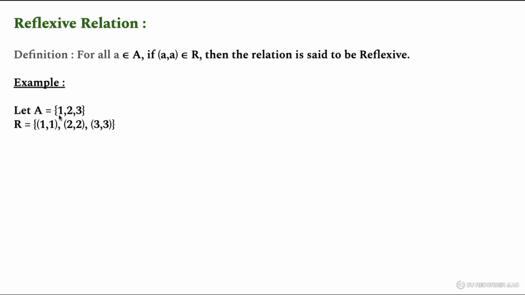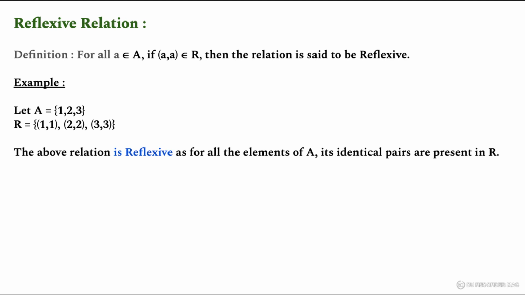Let A be the set {1, 2, 3} and the relation on it be defined as {(1, 1), (2, 2), (3, 3)}. Now what can you tell about this relation? Is it reflexive?